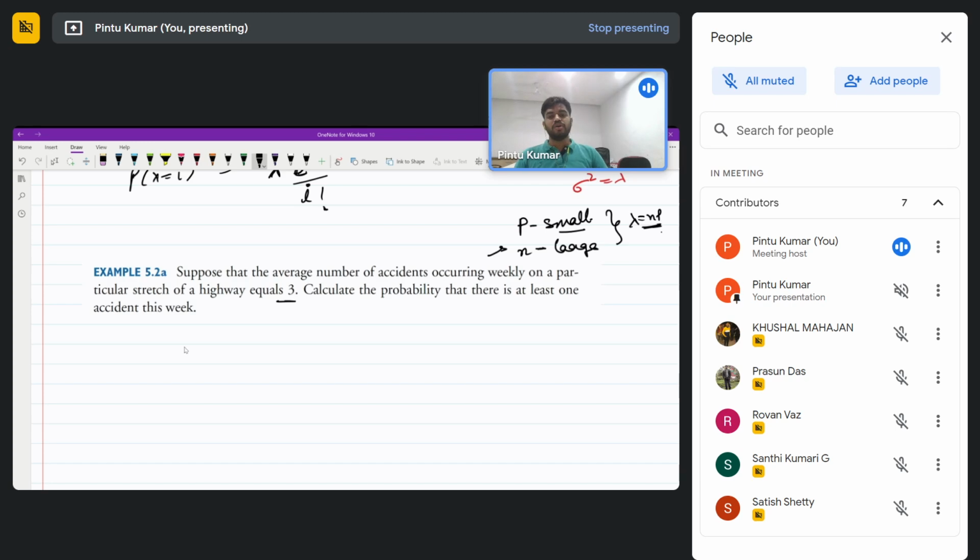Now in this question you will see that you don't have n available. Let's say you have a small stretch of road, then it is very difficult to count the number of cars passing through there. Also it is very difficult to estimate the probability that a car will encounter an accident.